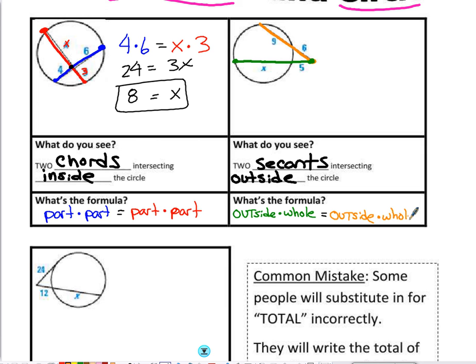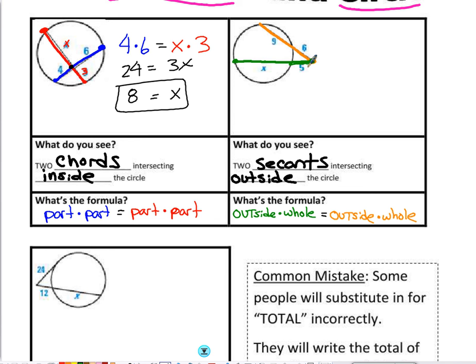Okay? Now, outside is specifically talking about the part of the secant that lies outside the circle. The whole represents the entire length of the secant. So when I look at the green line, which number or variable represents the part that's outside on the green line? 5. Everybody agree that 5 is talking about from the edge of the circle out to the intersection, that's 5.